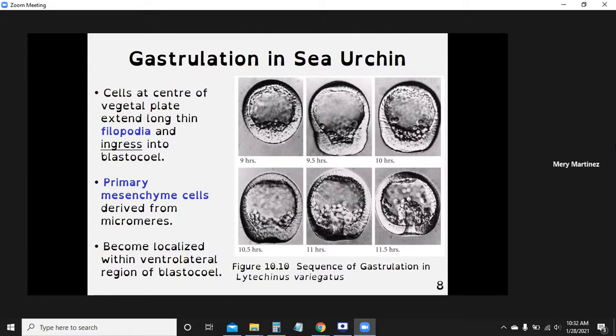Remember ingression, you are duplicating the number of cells. They detach and go inside. Remember that movement, okay? If you don't, you better go back to those different movements because from now on, we will mention them again and again. Okay, so I want you to be sure that you know what I mean when I say ingression.